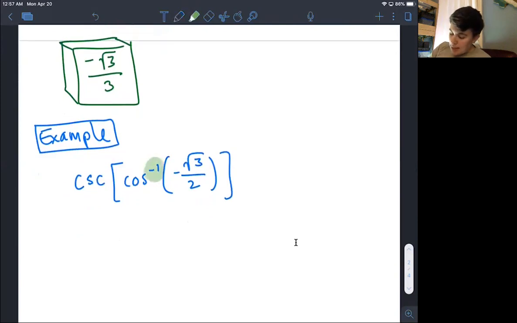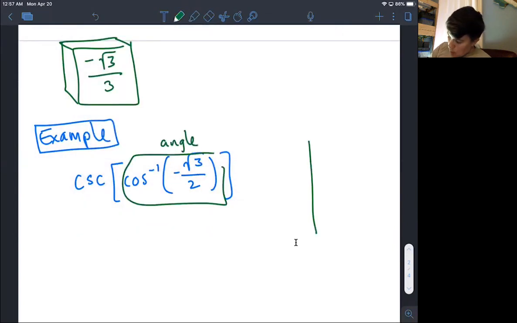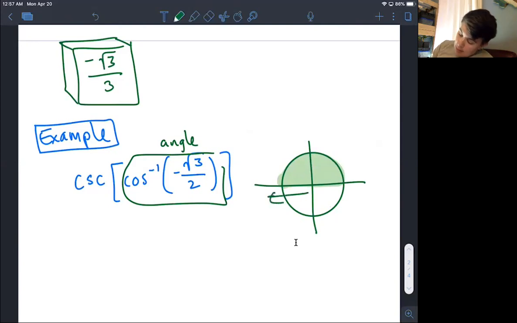Okay, so I see the inverse notation, which tells me, I'm going to go ahead and make a note of this, this is an angle, so I know I need to find the angle where the cosine is negative rad 3 over 2. I'm thinking of principal value, so for cosine, that is quadrants 1 and 2. Cosine is the x value, so that means I'm going backwards this way.